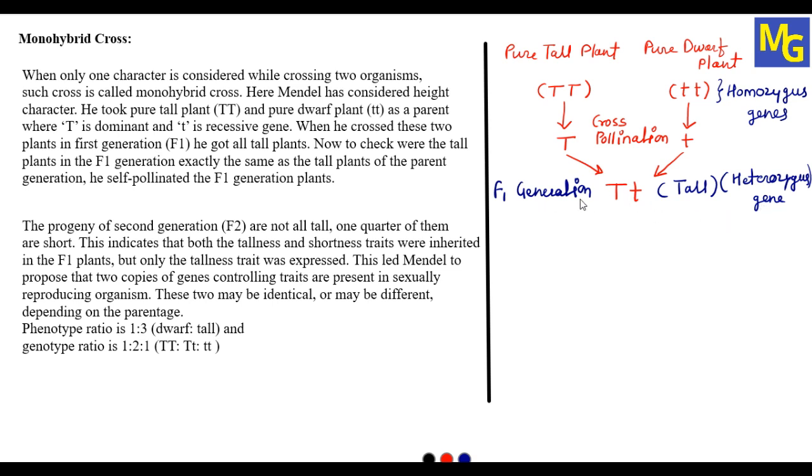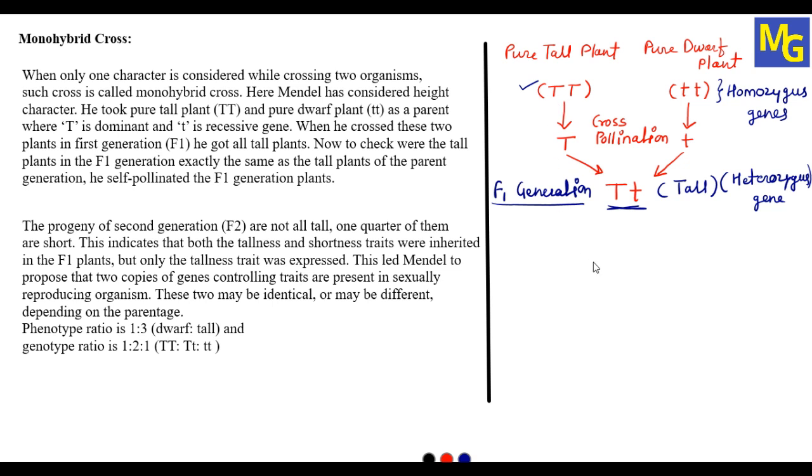Now see, in the F1 generation, we got all tall plants, but all are heterozygous. Now what are we going to do? We have to check: this plant is tall, and the parent is also tall. See here, the parent is tall, and the F1 generation plant is also tall. So we have to check whether this tall plant which we have got in the F1 generation is the same as the parent.